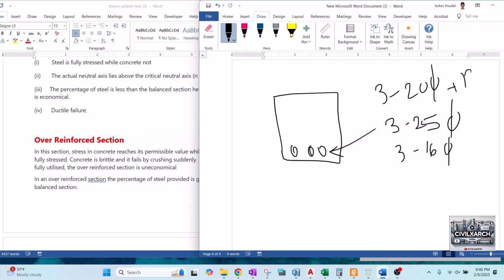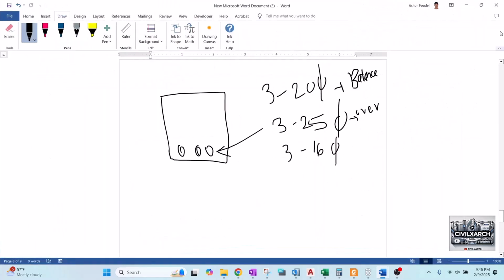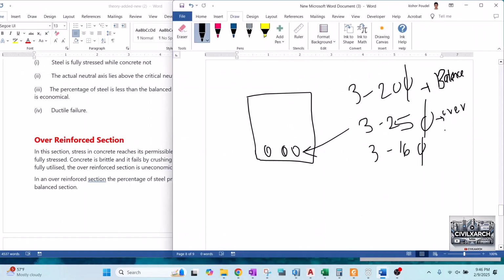This is for the balance section, this is for over reinforced, might be, but we haven't calculated the detail. We just want to focus on this concept and understand it through a simple example, without the full calculation.